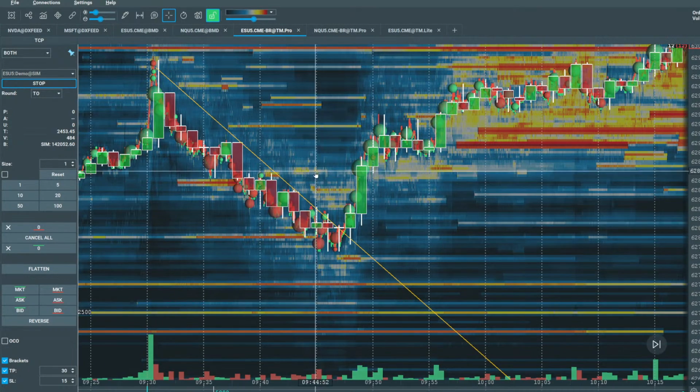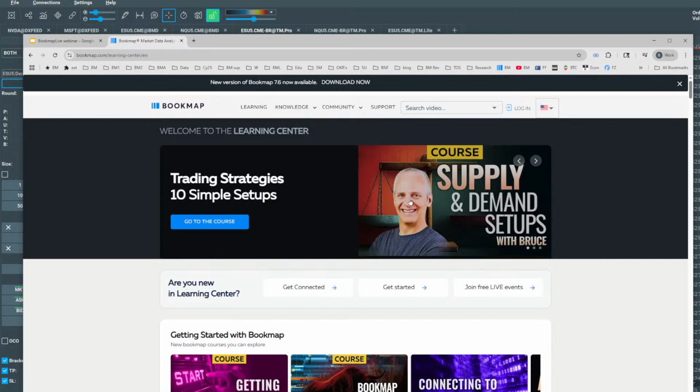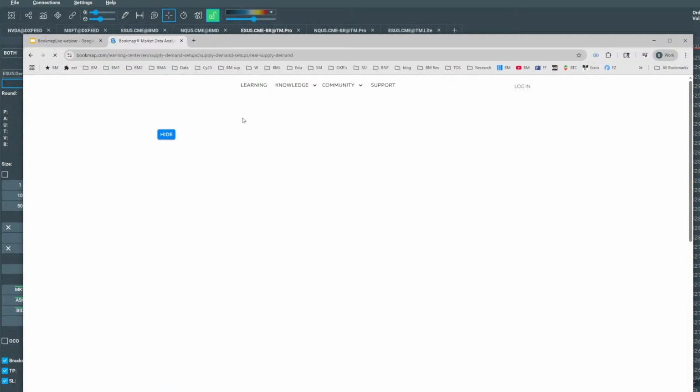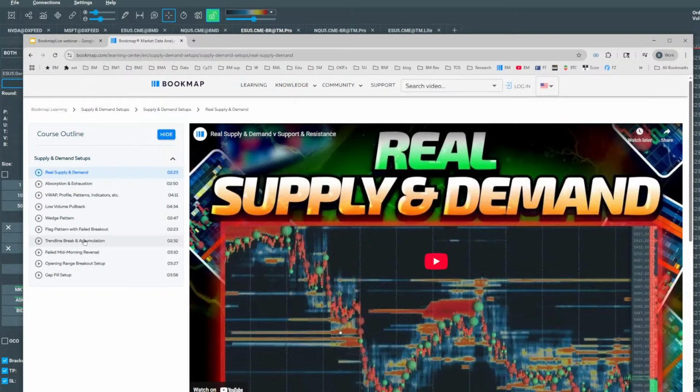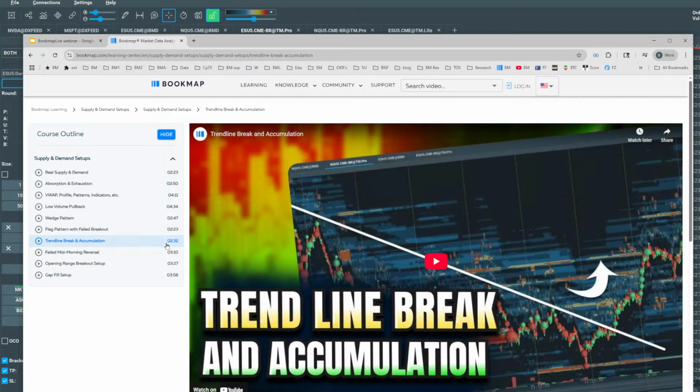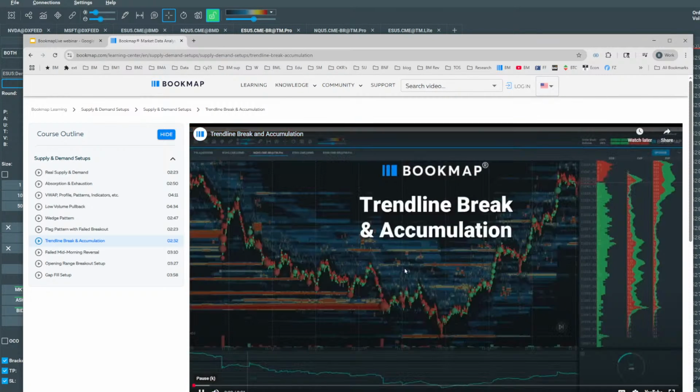All right, here's your candlestick pattern right in here, and it fits beautifully with the candlesticks in the order flow and the setup that we outlined here. This setup, for those of you who want to know, is from the Learning Center, from the supply and demand course, and it is the trendline break and accumulation video, 2.5 minutes long, Breaking Trend Lines.